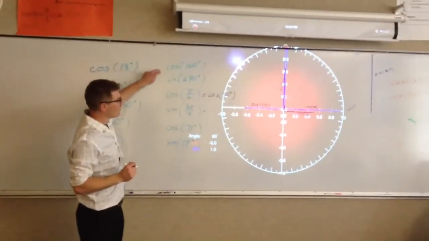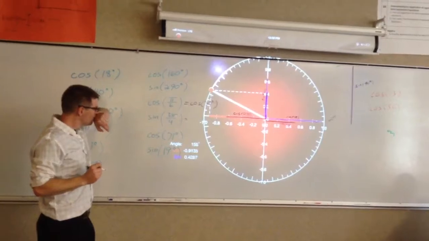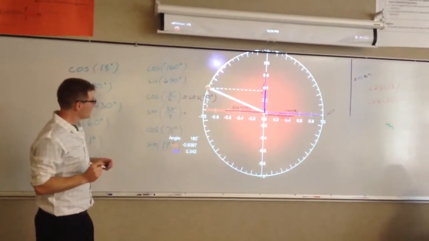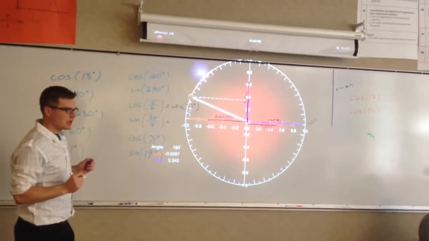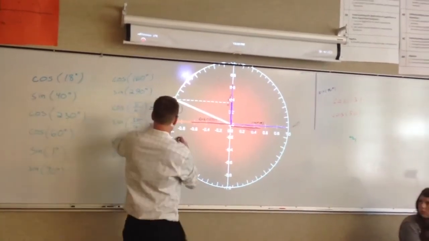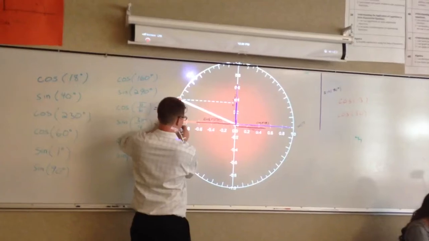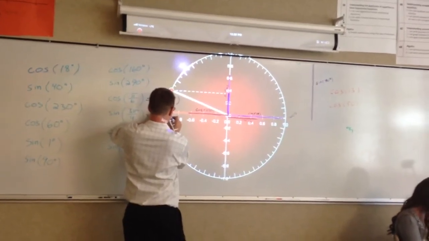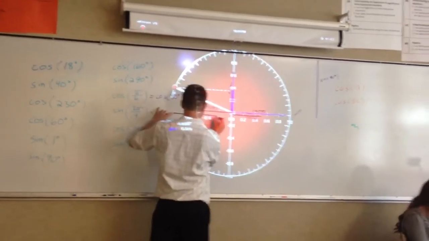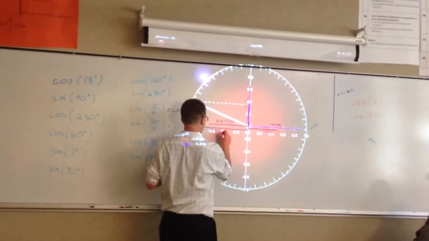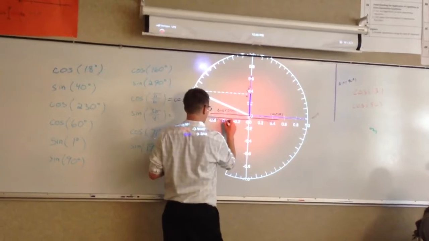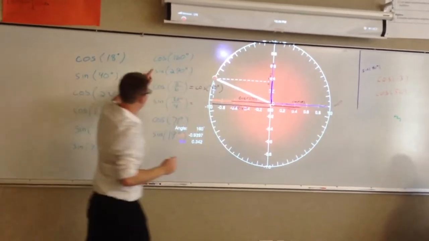Okay, we're halfway there. 160. Are we looking at the x or the y? X. Okay. So 160 to x. Okay. 290.